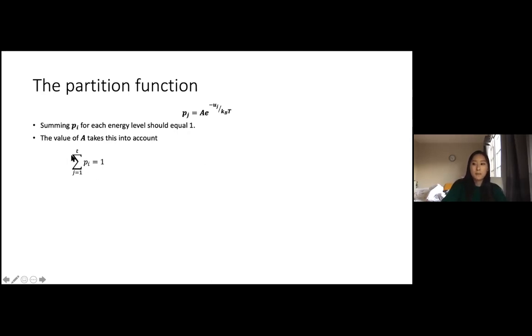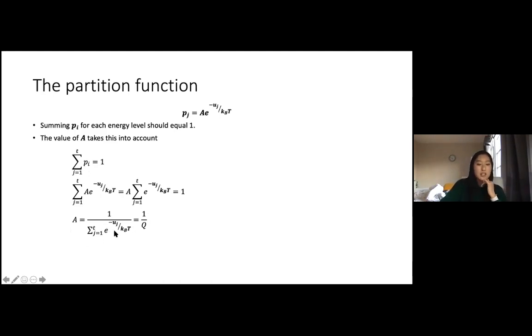If you start with this, where the sum of all of the probabilities equals 1, and you substitute this Boltzmann equation for P, you get this equation. And if you isolate A, you get 1 over this expression here.